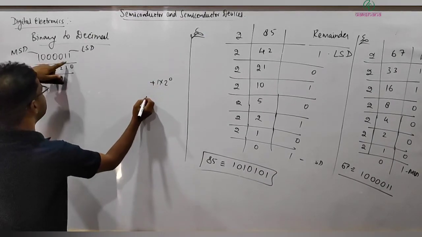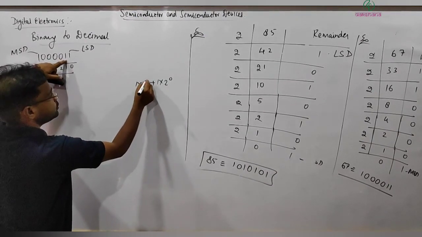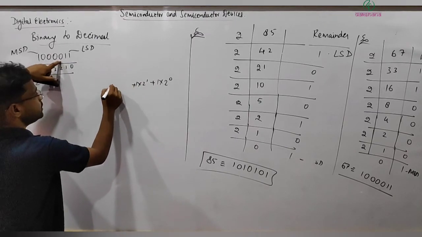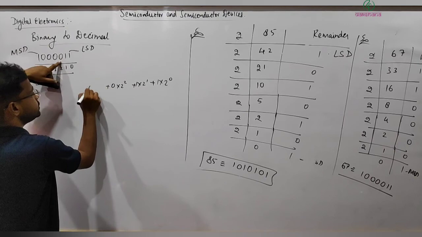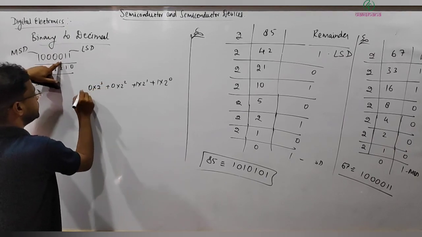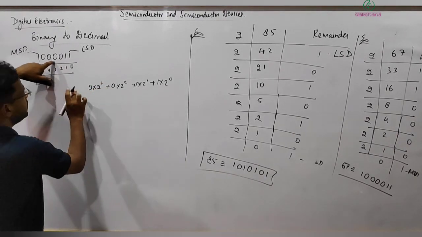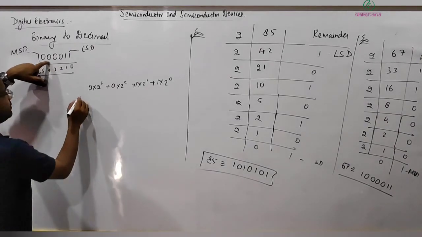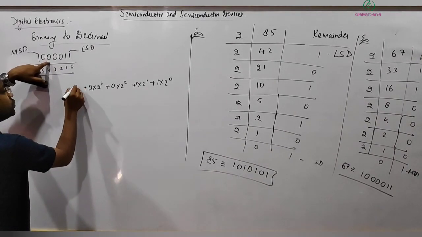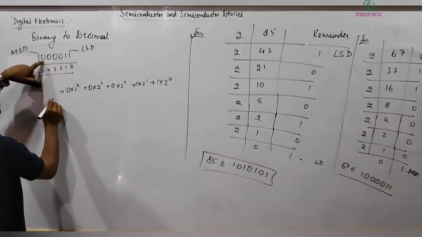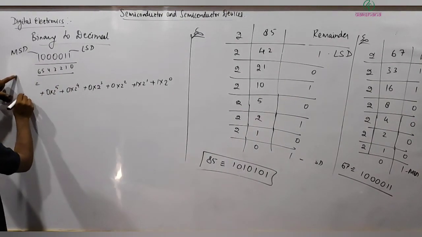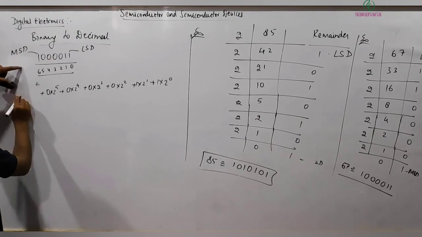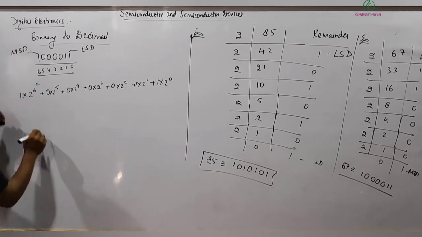Next, 1 multiplied by 2 power 1, then 0 multiplied by 2 power 2, 0 multiplied by 2 power 3, 0 multiplied by 2 power 4, 0 multiplied by 2 power 5, and the last one is 1 multiplied by 2 power 6.